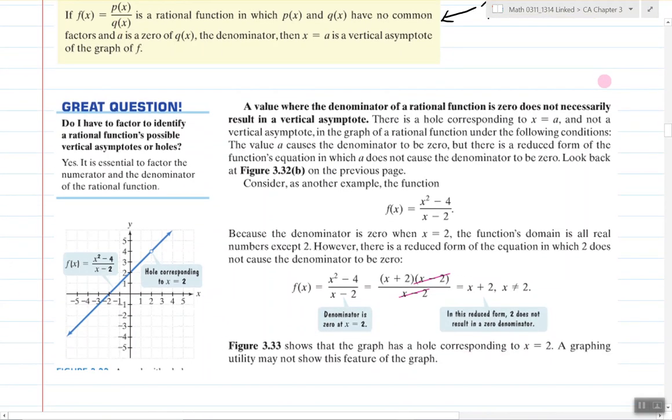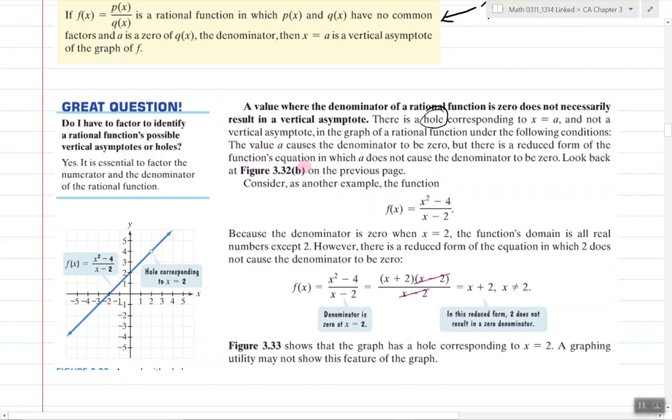Now, there's a little note, this comes out of your book, and it says, a value where the denominator of a rational function is a zero does not necessarily result in a vertical asymptote. There is a hole corresponding to x equals a and not a vertical asymptote in the graph under the following conditions.